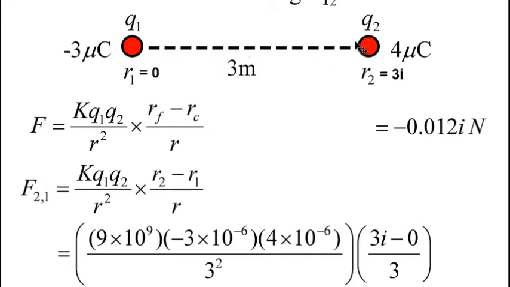So Q2 will feel a force that is moving towards the negative i direction, which is attracting to Q1, and that is why we should have a negative i force. So that is just common sense.